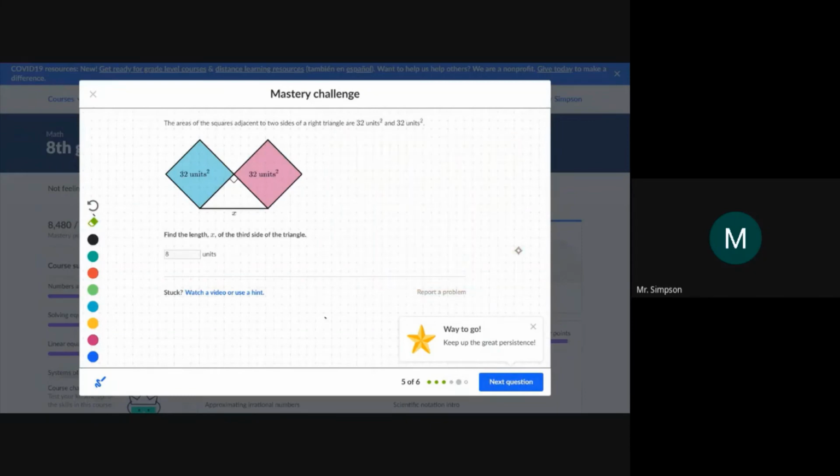So we said a squared plus b squared equals c squared. A squared is 32. B squared is 32. And we said that would be 64. But these are squared, so this is x squared.